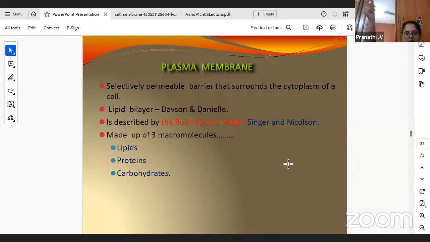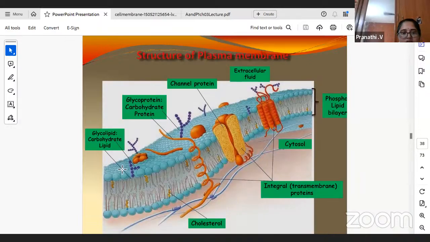You have carbohydrate moieties, and all of these are floating. It is fluid because when there is heat, like I told you, the cholesterol molecules help in expanding. So it is not exactly a rigid structure. So what is it made up of? Lipids, proteins, and carbohydrates.